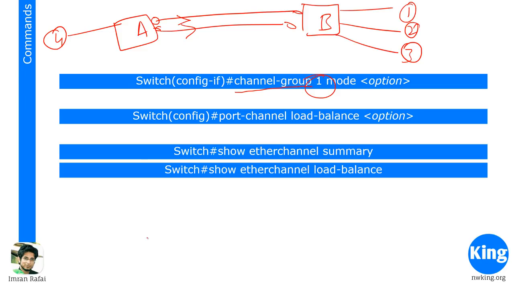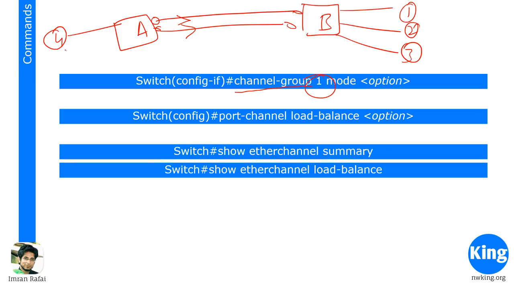In an ether channel, load balancing happens in different modes. By default, Cisco switches do source MAC address. So let's say they have a hashing algorithm. After doing the hashing algorithm, it decides one of the ports. So let's say, for instance, the hashing algorithm is done with the source MAC address.